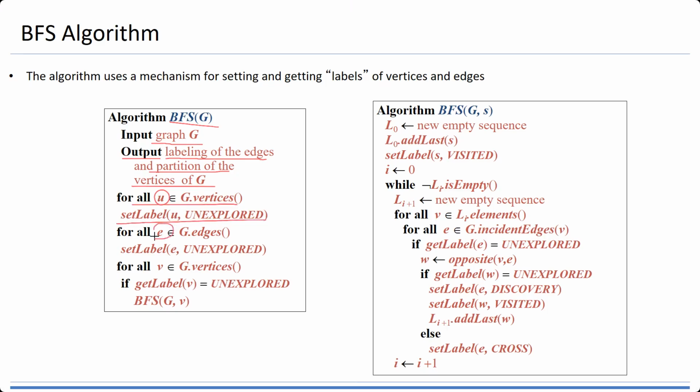And then let E be the edges of the graph, and set all the labels as unexplored. And then for all the vertices, if the label is unexplored, then do this function, this BFS.